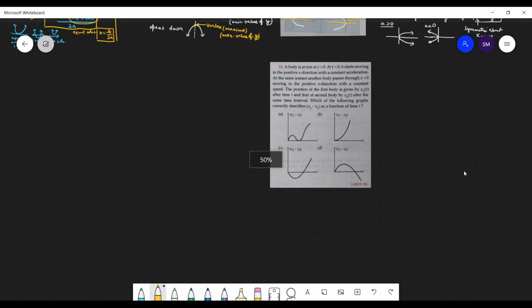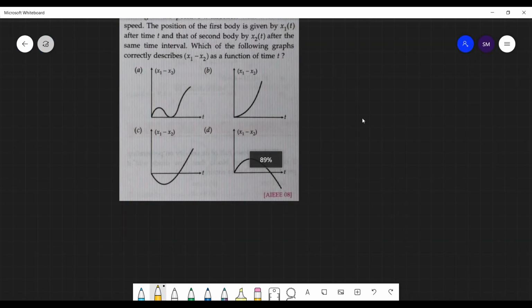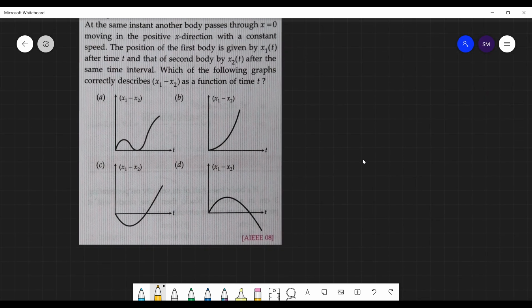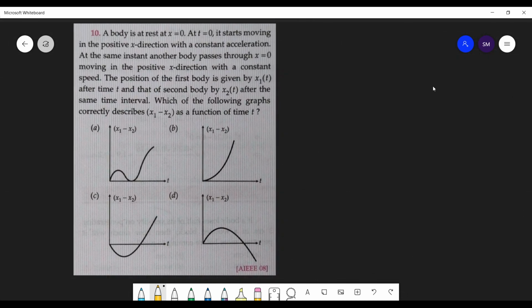So now let's handle this question. Now you have lots of knowledge, and you will do this question not in one way but in 2 ways, 3 ways, 4 ways, applying everything we have learned.